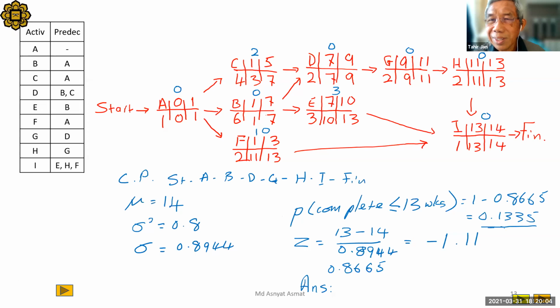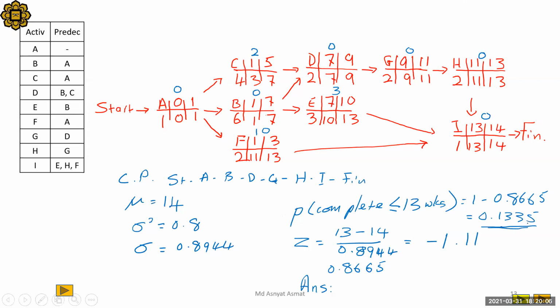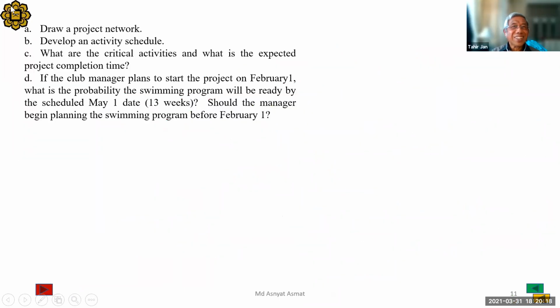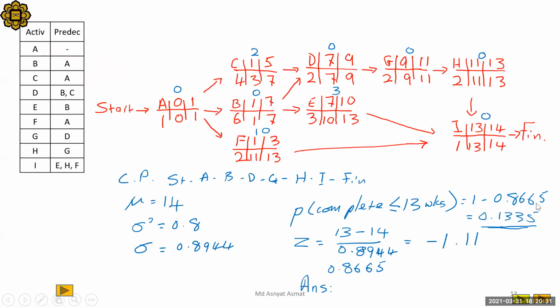So what do you think? Is it possible to start? Very scary, because of low probability. If the club manager plans to start with 13 weeks by February, is it possible? Well, possible, but the probability is very low.